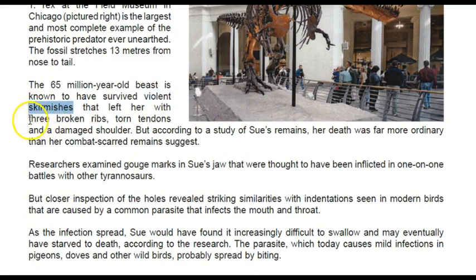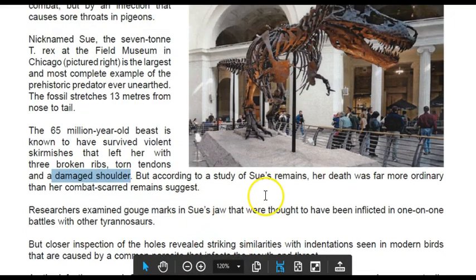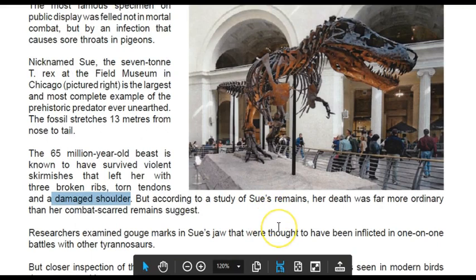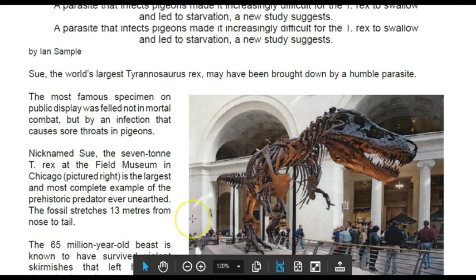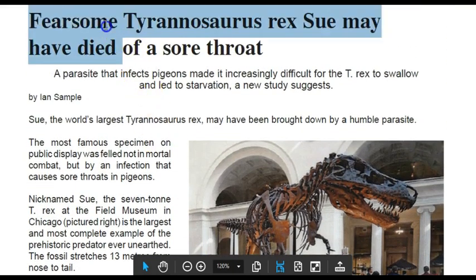And we know she's violent because she was found having 3 broken ribs and a damaged shoulder, which suggests that she was a dangerous creature. We can see that by the size of her and her teeth. And we also can see that in the heading with the use of fearsome.